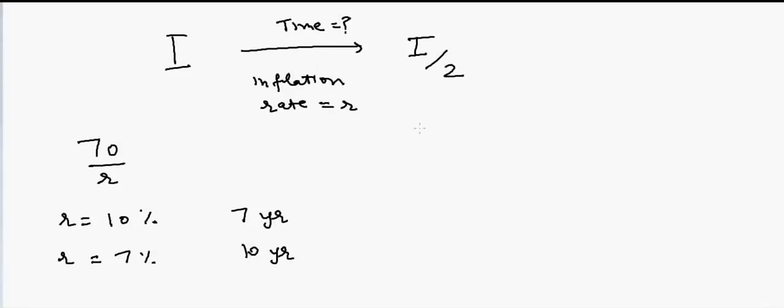So how was this trick generated? Let's try to solve the same problem with a general approach. We have an investment I, and we have an inflation, so we say (1 minus r), and the inflation is for time period t, so it's compounded every year, and that should be equal to I divided by 2, right?